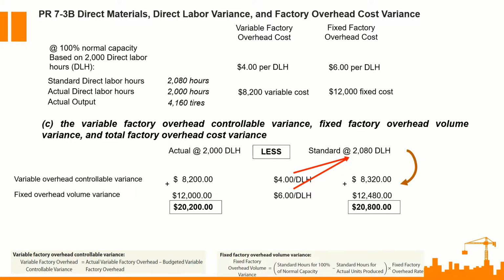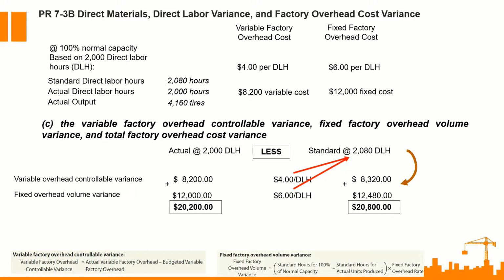So that's a total of $20,800. Now, what do we call this $20,800? Remember, we use the predetermined overhead rates based on the standard direct labor hours. So this is now our applied factory overhead cost, the $20,800.